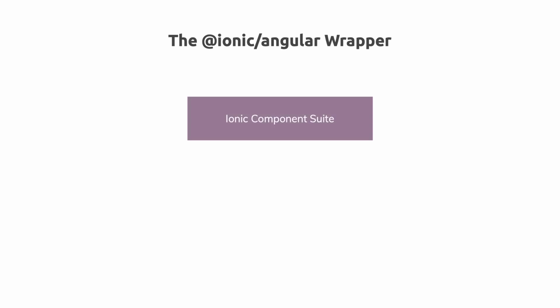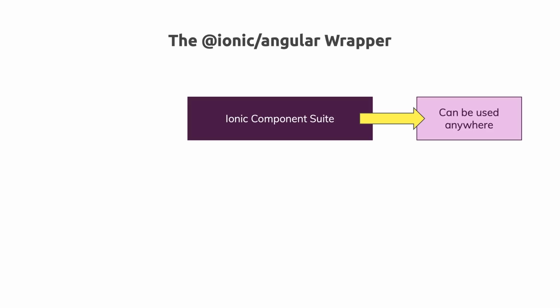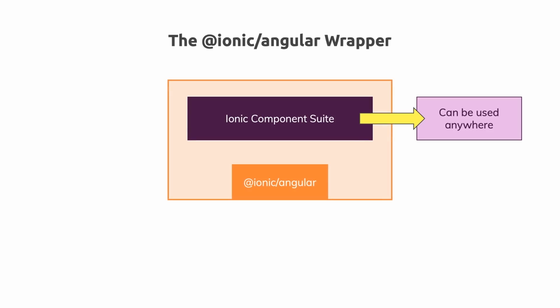The Ionic Angular package in the end is a wrapper package around the Ionic component suite. So you can think of it as a package that takes all these Ionic components, these web components, which can be used anywhere, and wraps them into a separate Angular-specific package or module, into this Angular module also, which can only be used in an Angular app.